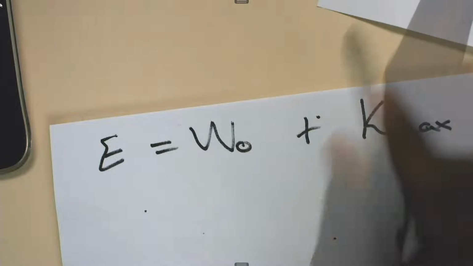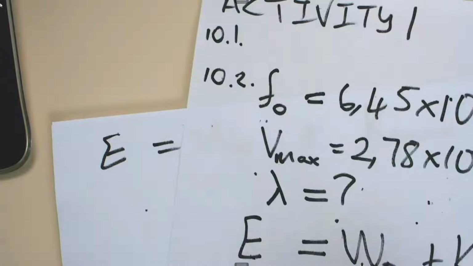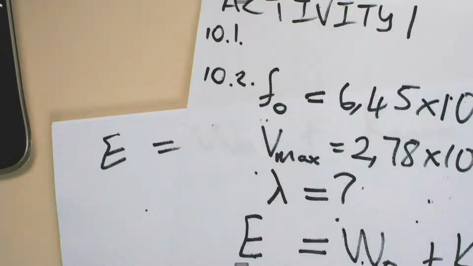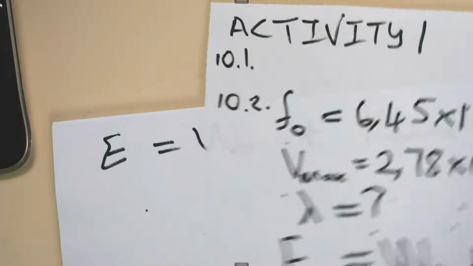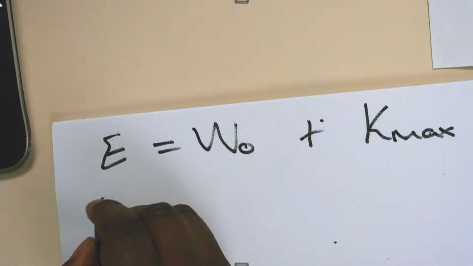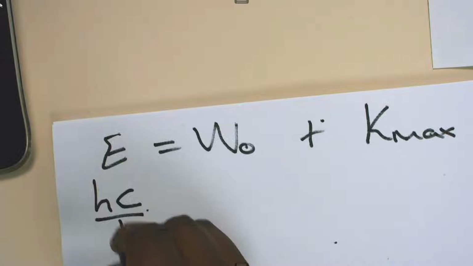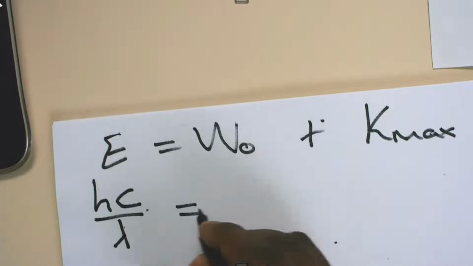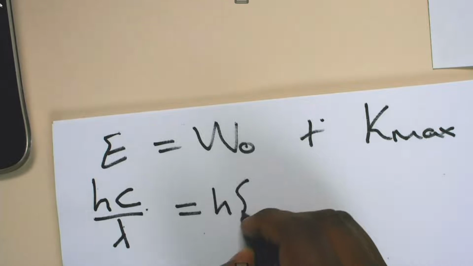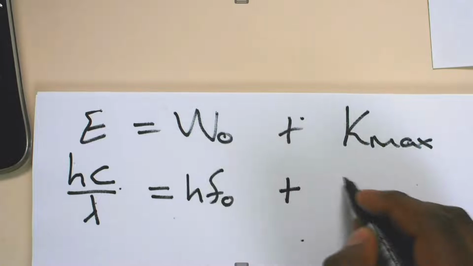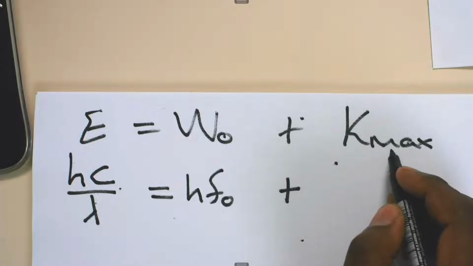And because we are looking for the wavelength of the light, this energy will then be expressed in what? With wavelength. So it then moves to hc over wavelength, and this becomes Planck's constant multiplied by the threshold frequency, plus here we want to express this in terms of the speed.